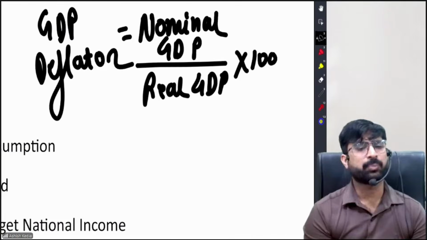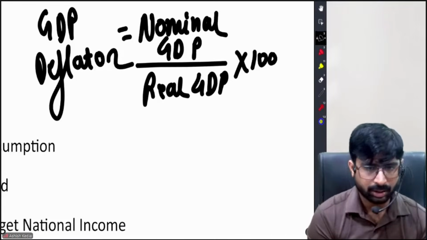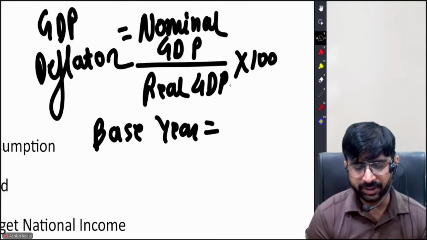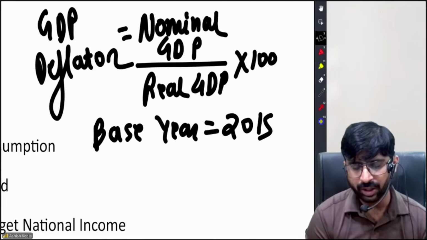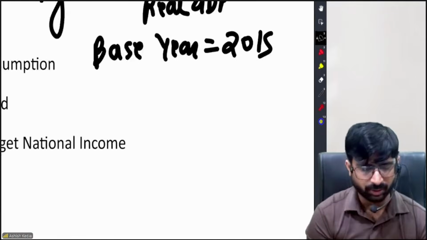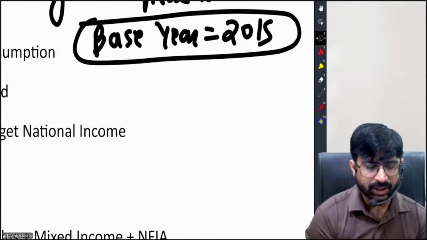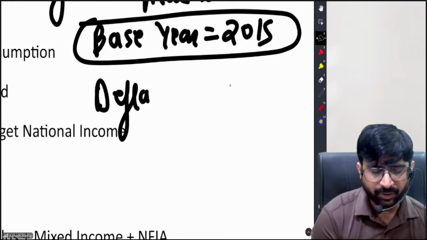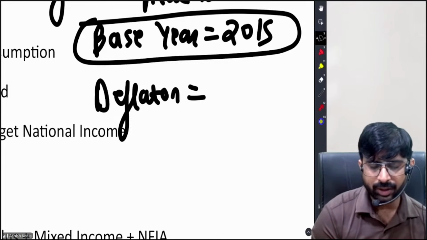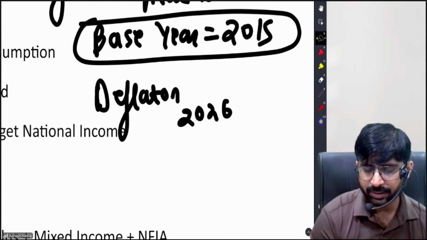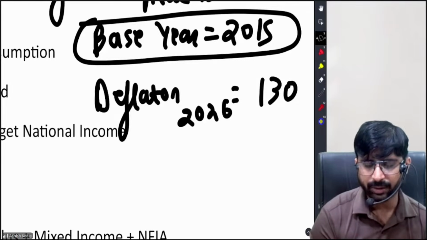Students, suppose I say, in index numbers you have done it, suppose base year is 2015. And I say, taking base year 2015, GDP deflator of year 2026 is 130.